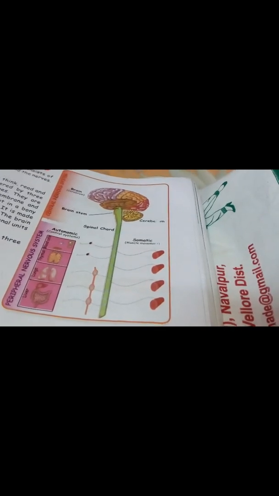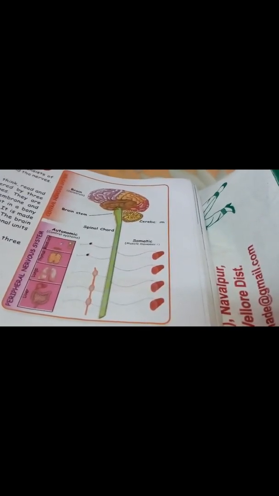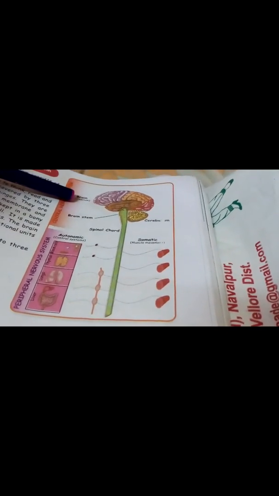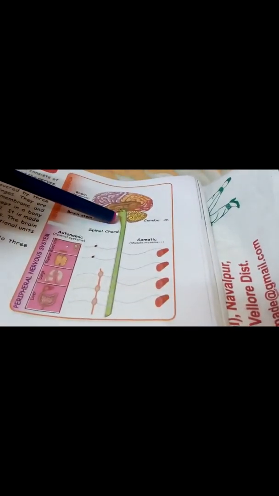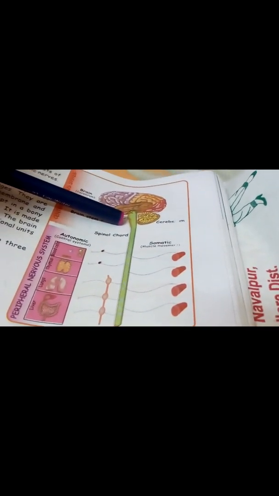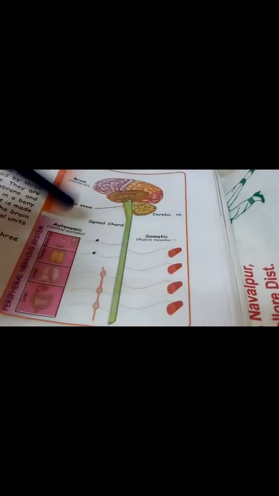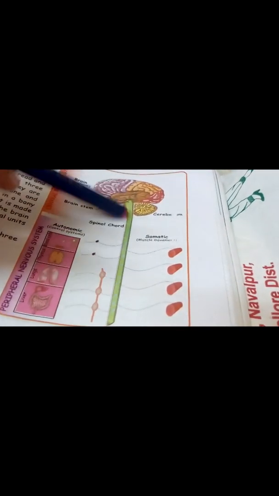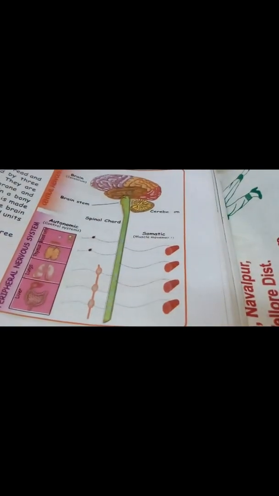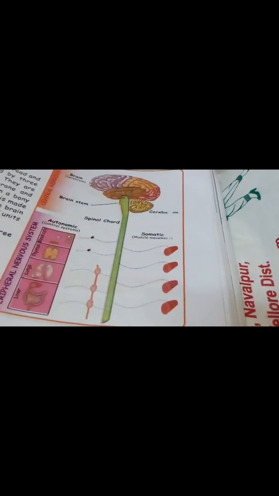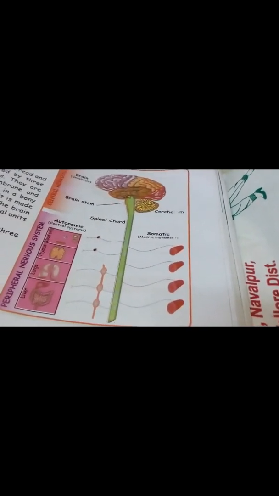Let's see about the cerebrum. This part is cerebrum, cerebellum, and next one is medulla oblongata, brainstem, spinal cord. Okay. Let's see about the cerebrum.